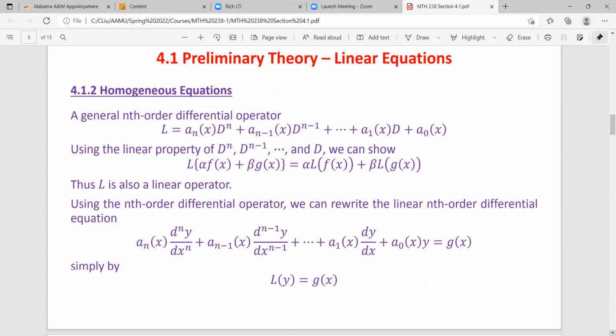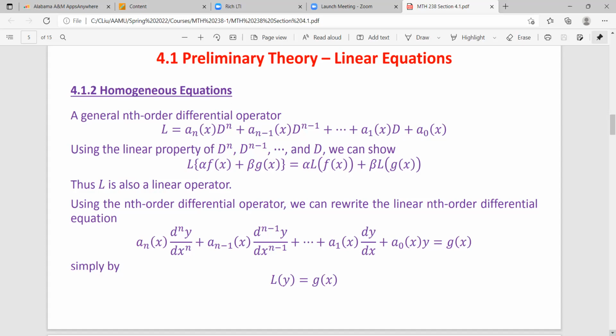If you put all the derivatives of y and y itself on one side and the function of x only on the right hand side, that's the standard form. If the right hand side is 0, then we call the equation homogeneous. And we introduce the differential operator D, capital D, to denote the first derivative.